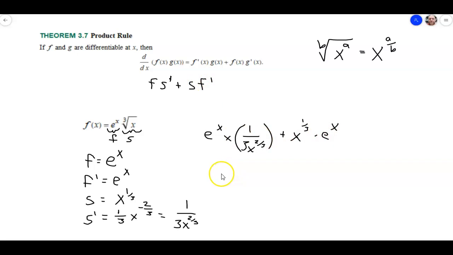And let's go ahead and clean this up. I'm going to go ahead and get e to the x all over 3x to the 2/3 plus x to the 1/3 e to the x. And if I wanted to, I could pull the e to the x out of both terms, but I am fine with leaving it like this if we're talking about a test.